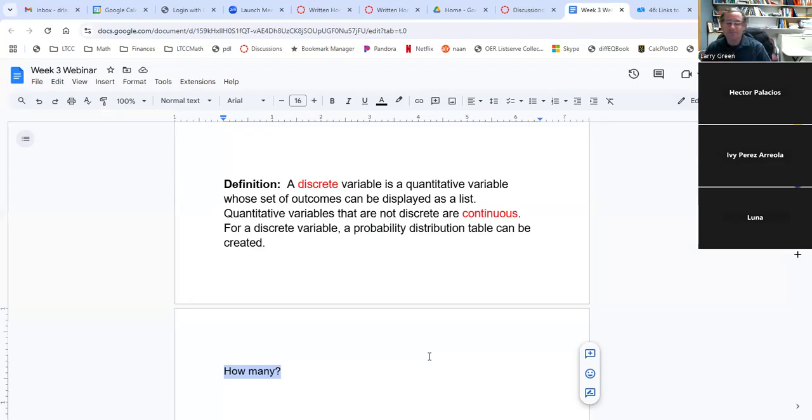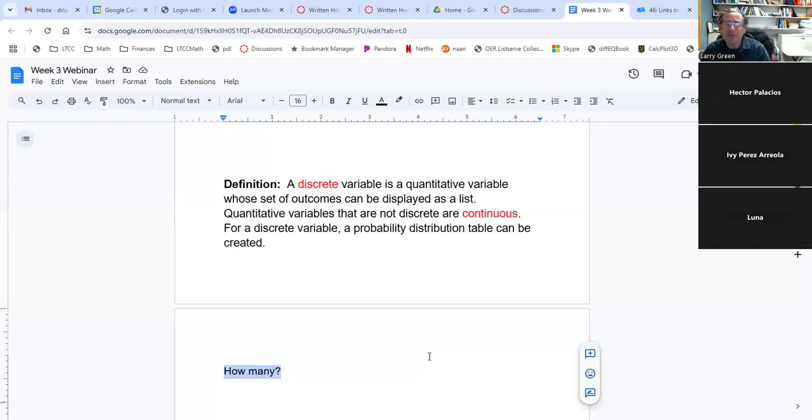Notice that there's no way you could list every possibility of how long you were in a car today. Does that make sense? So how many would be discrete because that you can list, that's a number answer typically. Any questions on that idea before we actually use it?